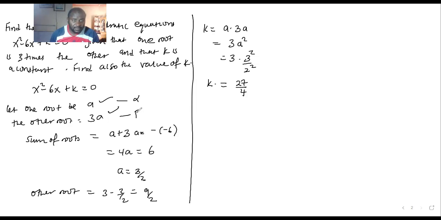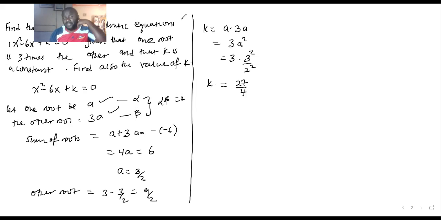This is your beta. So if you merge these two, you get alpha times beta is equal to k. The reason why it's k is because this one has a coefficient 1. If there was a constant here, you would first divide through by the constant. So the product of the roots, which is a times 3a, is equal to k. That's how I got a times 3a.